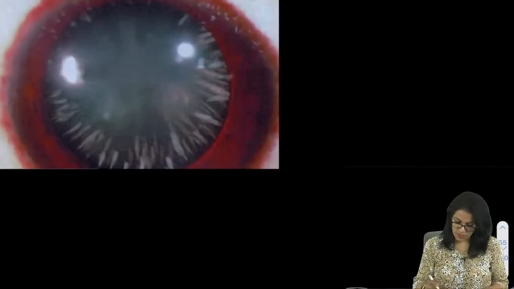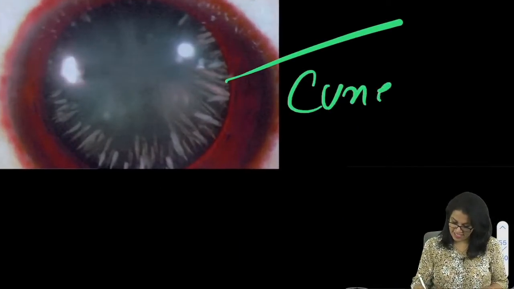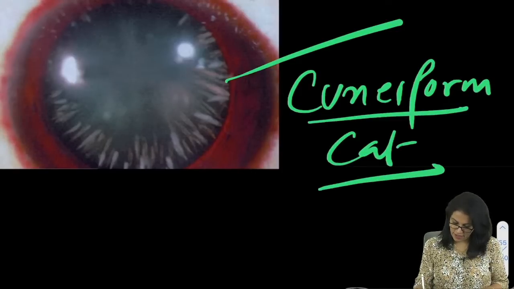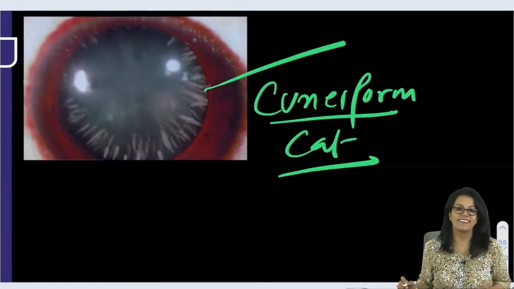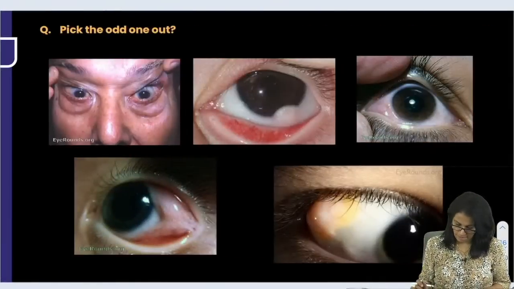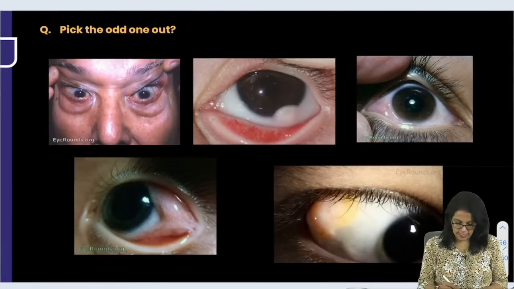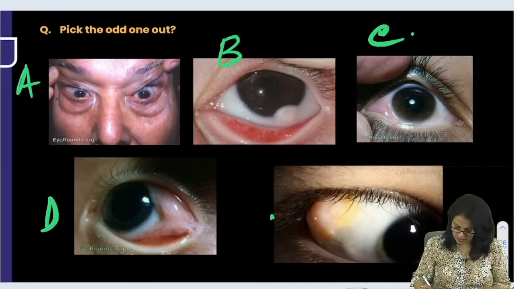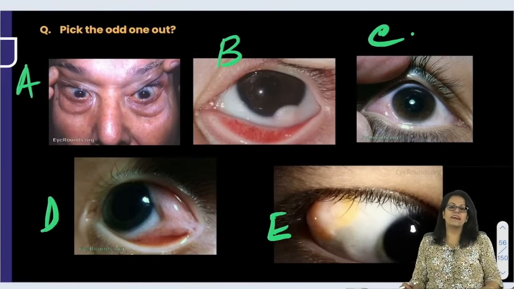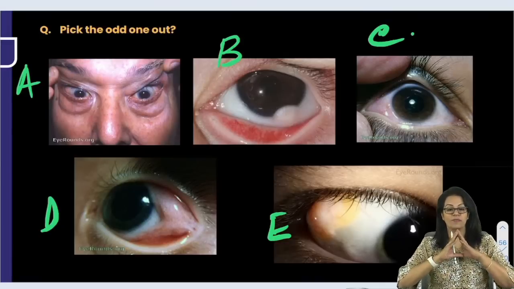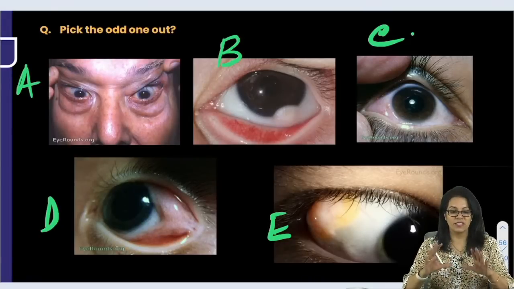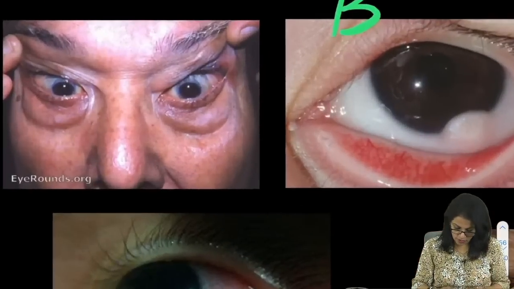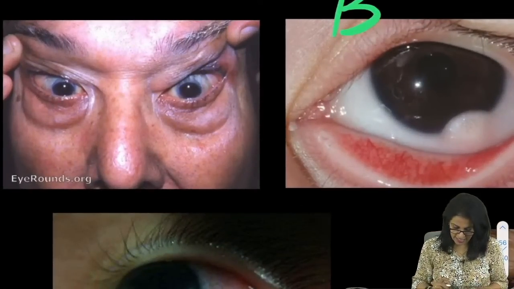What is this? This is cuneiform cataract or radial spokes cataract. Again we are talking about immature senile cataract. Okay, again I am writing here, this is A, this is B, this is C, this is D and this is E. Recently asked question, I am trying to make this absolutely clear, no confusion, focus. Pick the odd one out. Look one by one. Where is the swelling here?